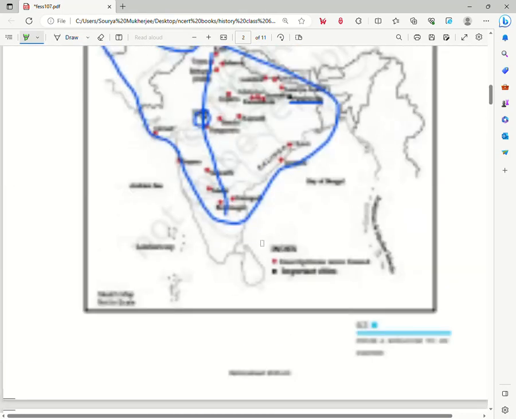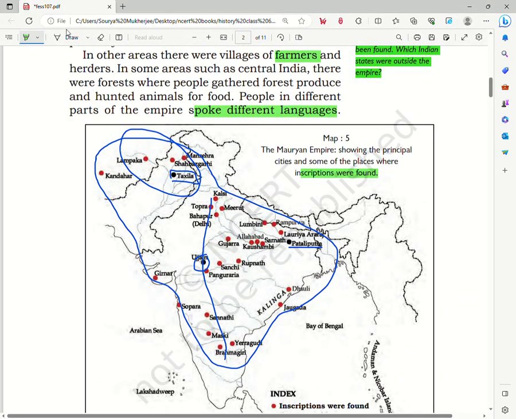Also guys, another important fact is that all these inscriptions that are found are written in some cases in multiple languages that were usually spoken at that particular place. Suppose the inscription at Sopara will be written in the language that was spoken over here, and the inscription at Kandahar would be written in the language that was spoken over here.